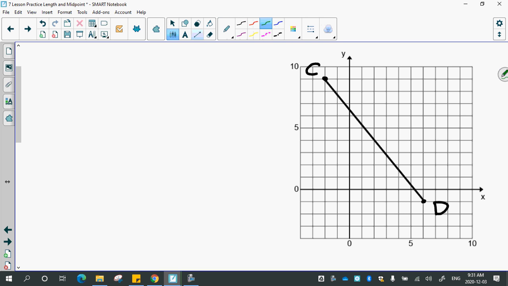And if I wanted to find the length, using the Pythagorean theorem, I can create a right angle triangle and count the sides.